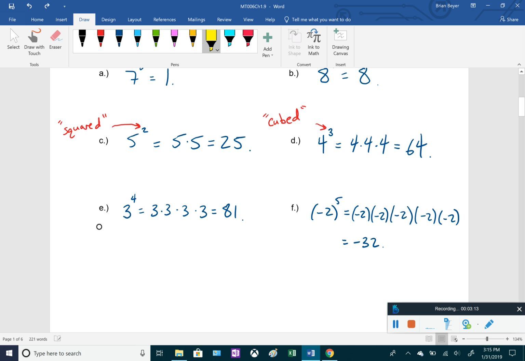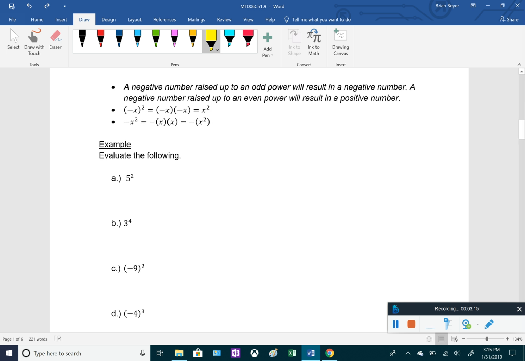For the next page here, a negative number raised to an odd power will give us a negative answer. A negative number to an even power will give us a positive number. And there are 2 other important concepts for these properties, which we'll see in these examples.